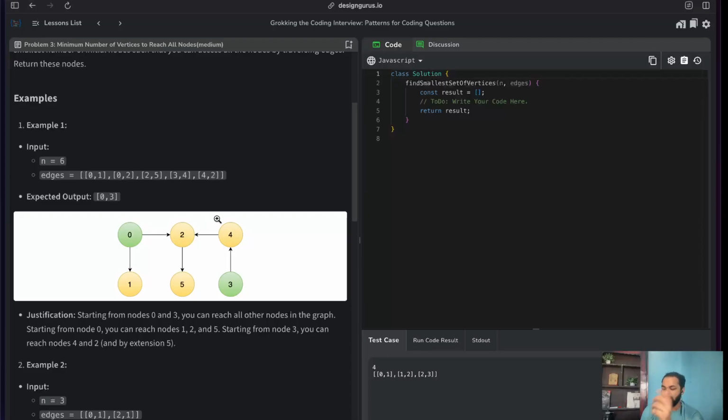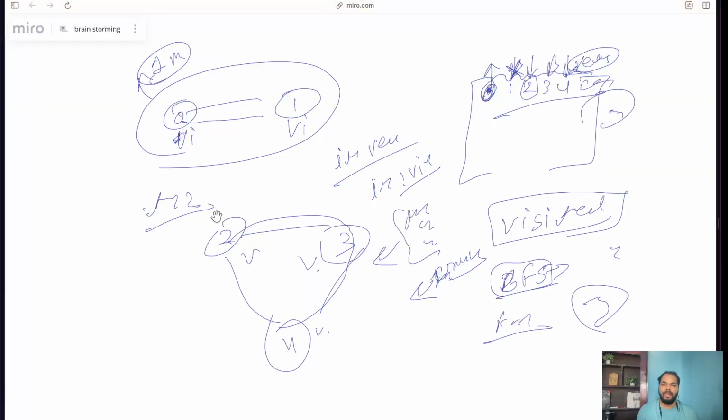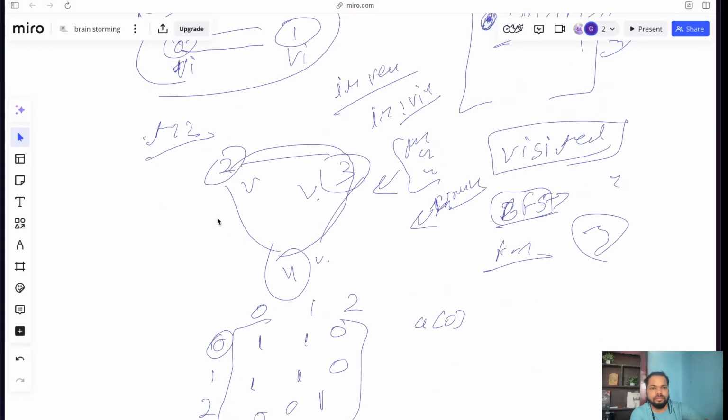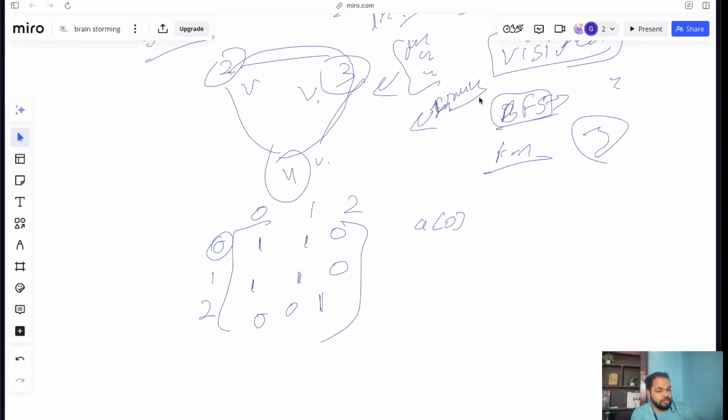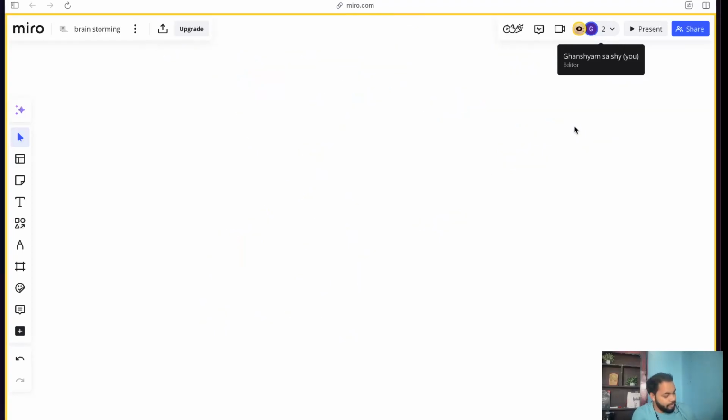So this is the graph. Interesting question. There is one way. First way is, let me show you how I'm thinking about this. The first solution might be this way. Suppose you have this.